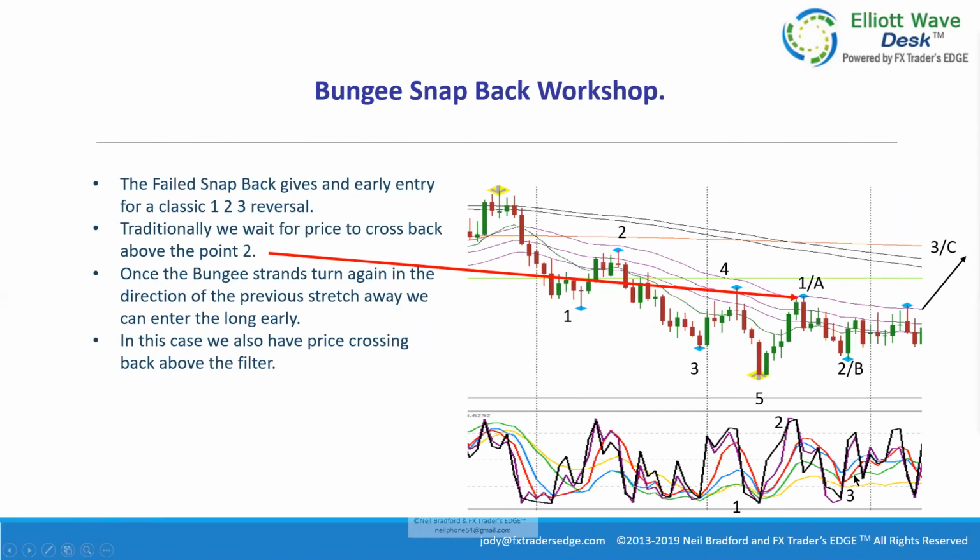But once again, it's exactly the same as the inverted head and shoulders. The 1, 2, 3 reversal, you get an earlier entry from the bungee. Therefore, a shorter stop. Therefore, you can afford to make a bigger trade with the same risk. Therefore, in the subsequent move, you can make more profit.